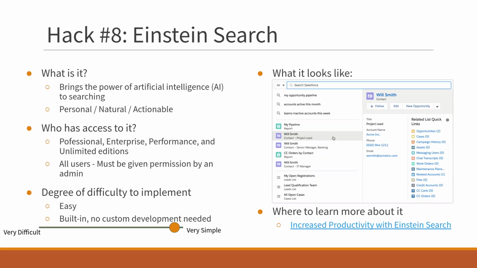I can see all of the contact information, but I also have buttons. So directly from here, I can click on edit, or I can click on new opportunity, or I could even click on new case if that was one of my options. So the Einstein Search is really giving you the ability to find what you need a whole lot faster, but also be able to action on it right there. So it's really helping you to do what you need to do a lot faster.